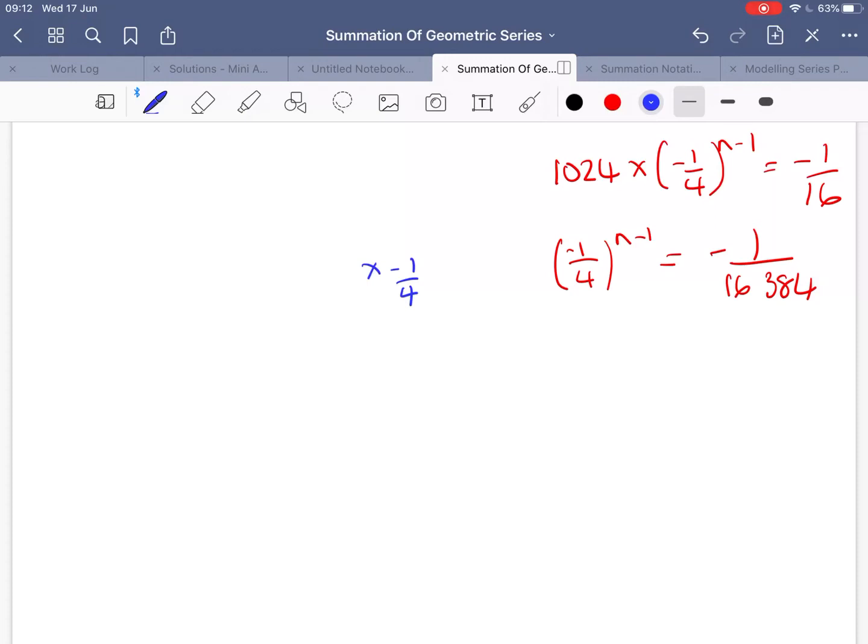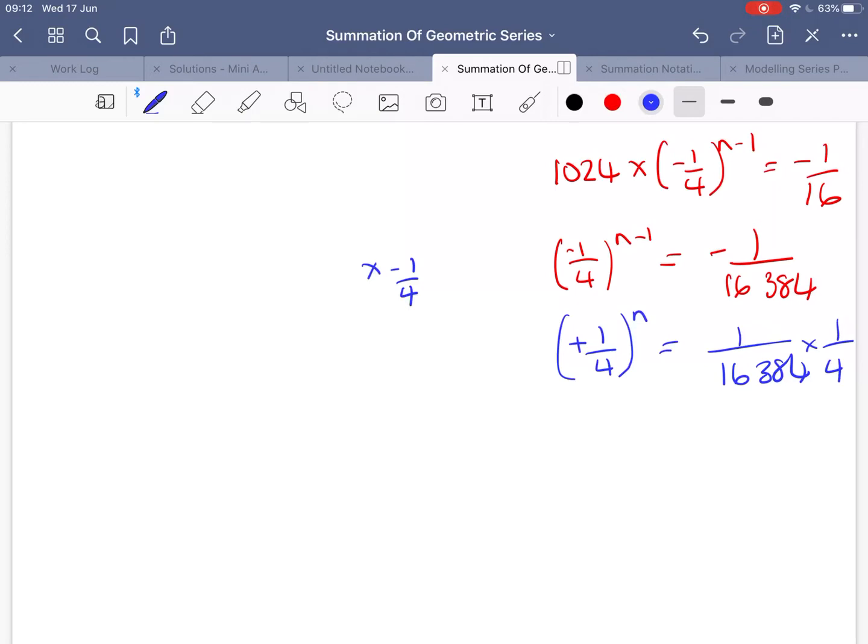If I multiply through by minus a quarter, I'd have a quarter to the power of n is equal to 1 over 16,384 times a quarter. Okay, so now I could do the natural logarithm.